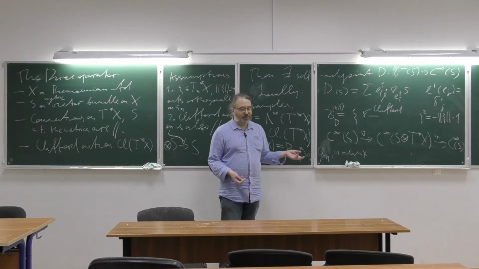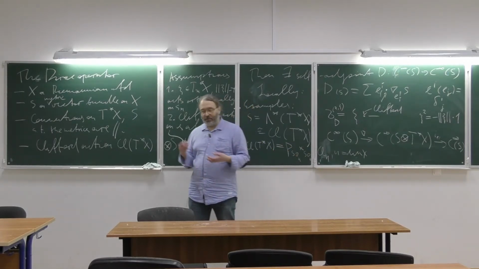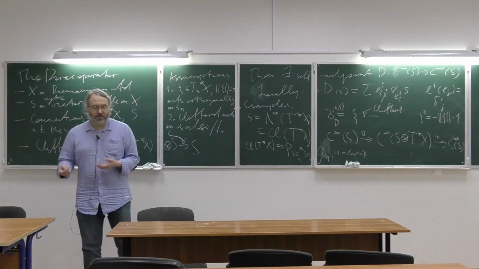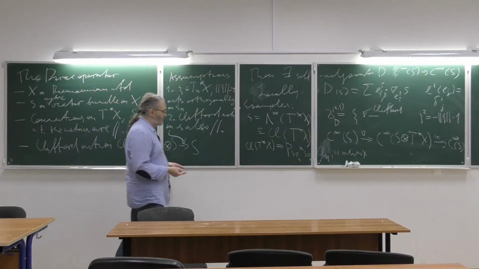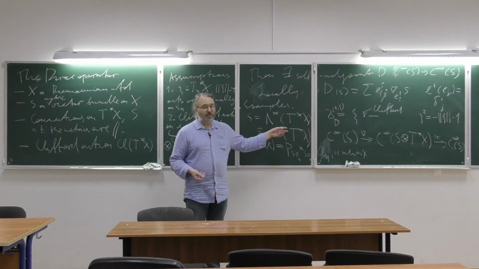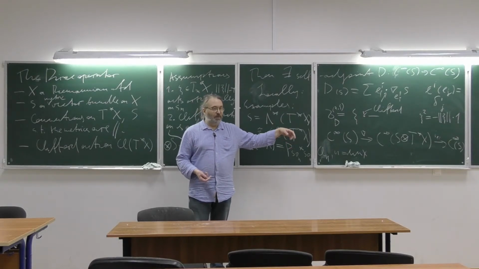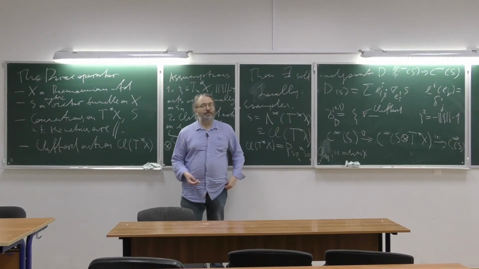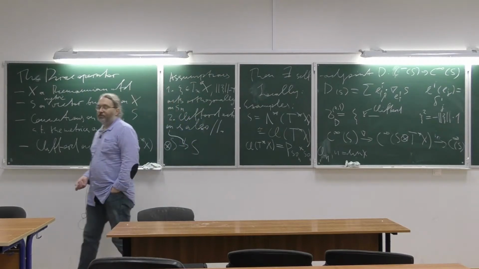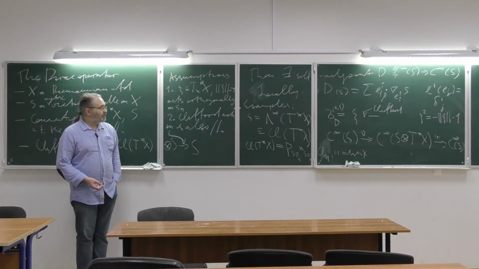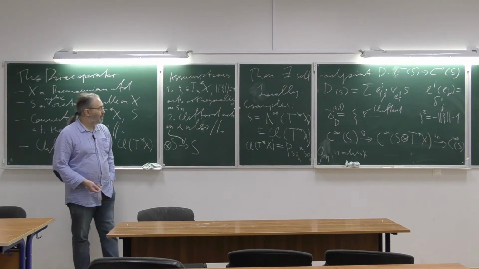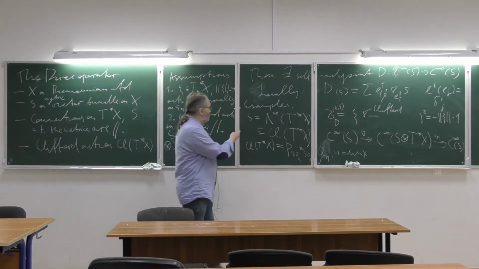And sometimes the converse is true when the structure group acts faithfully on the fiber. Starting from a connection on the induced bundle, we get a connection on the principal bundle. Okay. Well, this was one example.